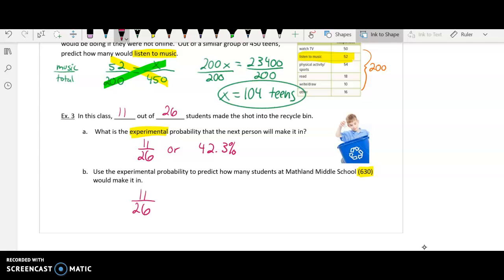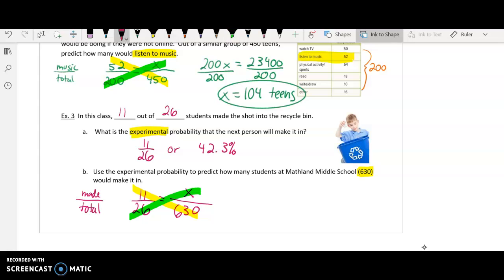So this was the amount that made the shot out of the total. And we're told that the total number of students is 630. So that's matching up with the total in the class, total in the school. And we're wondering, well, how many would make it?